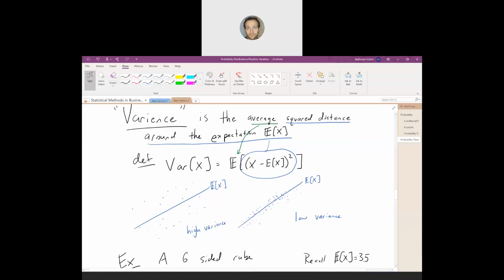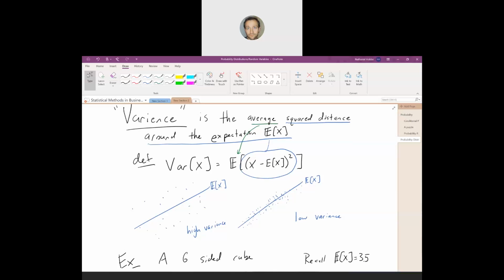So this is a pictorial way of representing this idea that you can have the same expectation, the same average value, but the points that contribute to that average can be close to the average, in which case it's low variance, or they can be far away from the average, which is high variance.